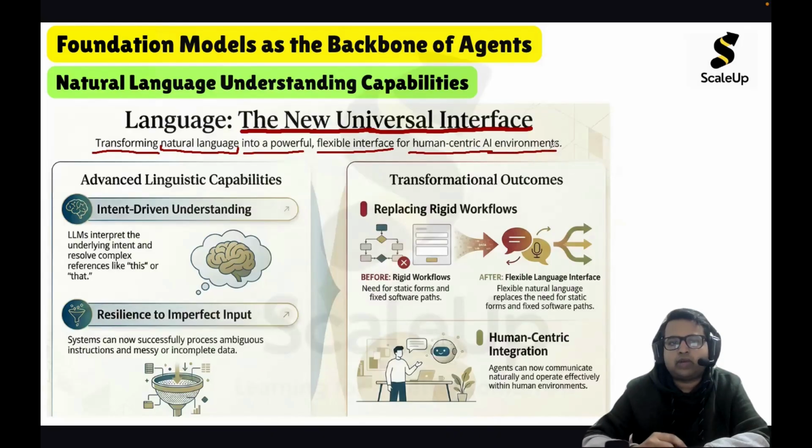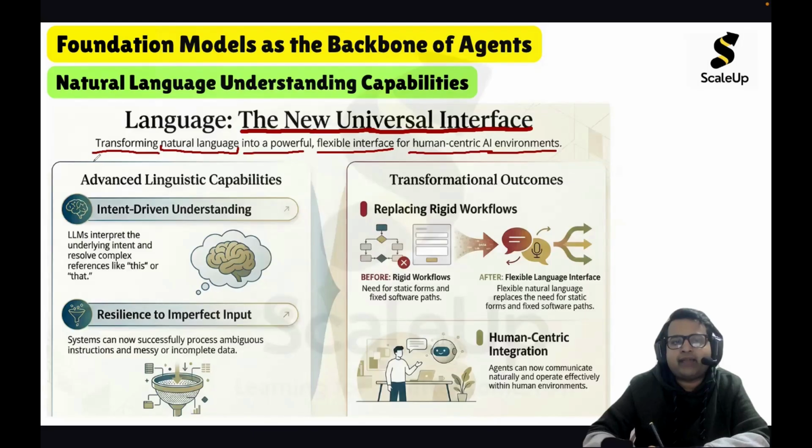So now we have models, we call them foundation models, which can very easily understand natural language, wherein humans can interact with AI in natural language. So large language models have got advanced linguistic capabilities.